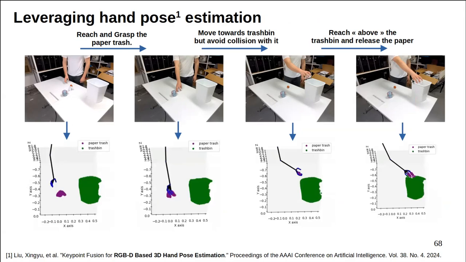To do this, we can use hand pose estimation. We used hand pose estimation to estimate the position of the operator in this 3D scene. Since we have access to RGBD images in our dataset, we leveraged an RGBD-based 3D hand pose estimation model to recover the position of the hand in the scene.